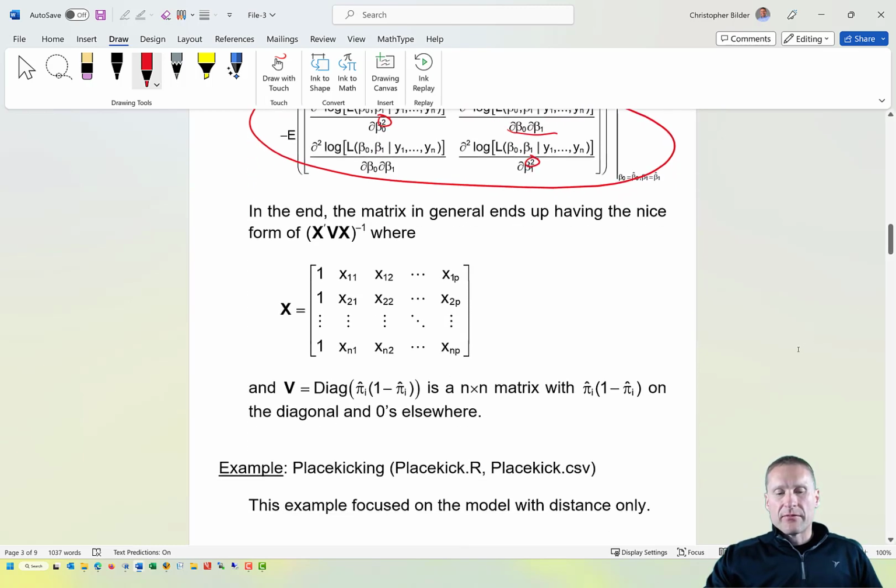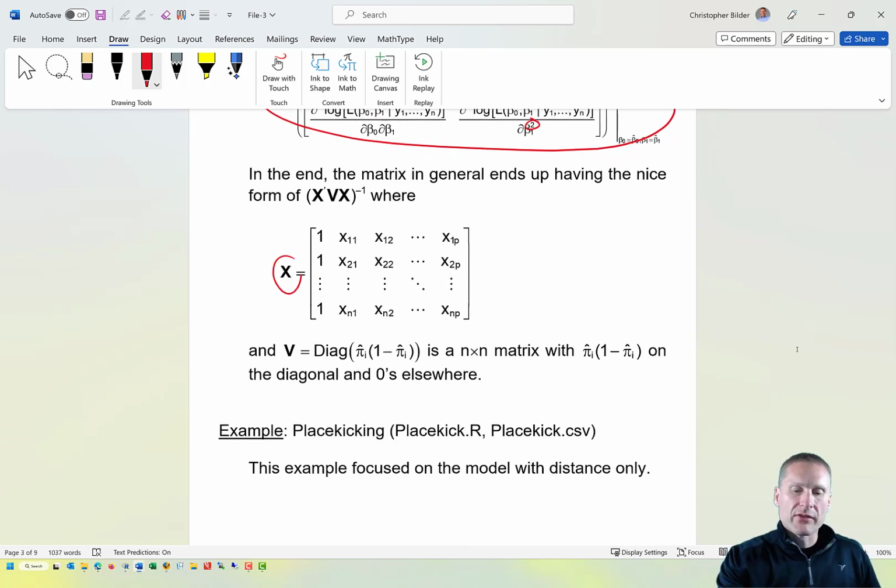In particular, if I have a matrix, we'll call it X, often people will refer to this as a design matrix, where this matrix has a leading column of 1s, and my explanatory variable values for each observation written down in the columns. So x sub 2, 1 represents for observation 2 its value for variable 1.